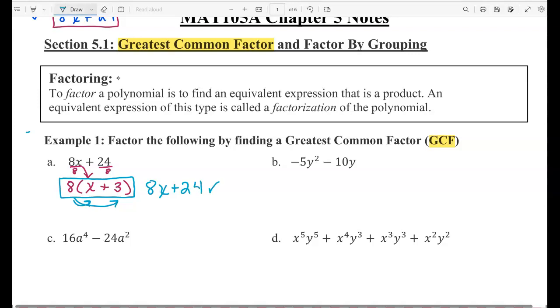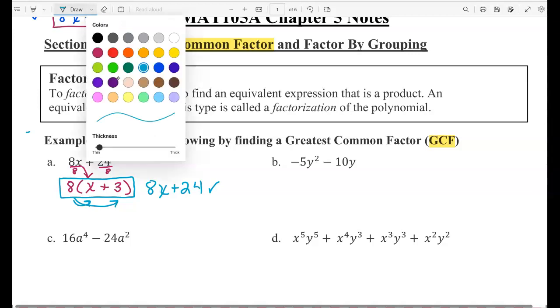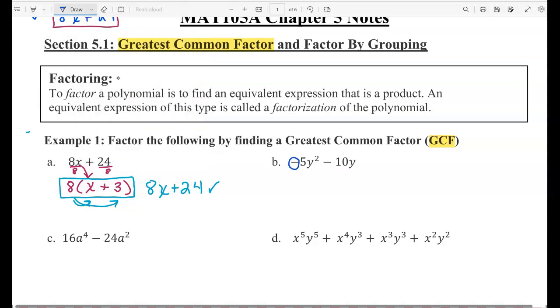Okay. In the second problem, we see that we have a negative up front. So anytime we have a negative along with the coefficient, we want to consider factoring that out. So I'm first going to look at 5 and 10, and the number that divides evenly into both of them is 5. But because that leading term has a negative, I want to take that negative with it.